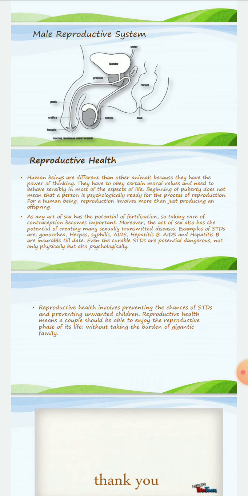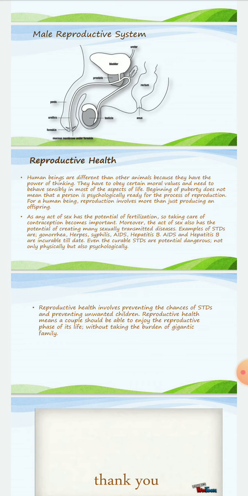If someone performs unsafe sex, without using contraceptives or any safety, it leads to sexually transmitted diseases like gonorrhea, herpes, syphilis, AIDS and hepatitis B. AIDS and hepatitis B are incurable to date. Even the curable STDs are potentially dangerous, not only physically but also psychologically.